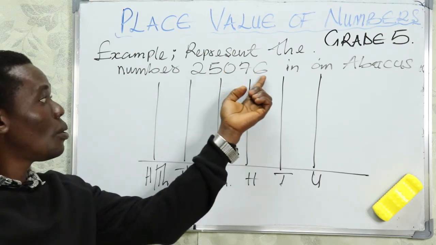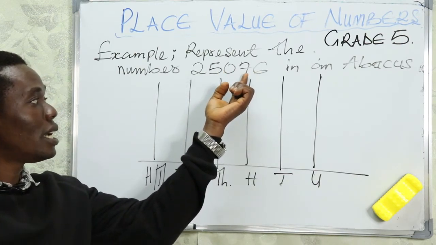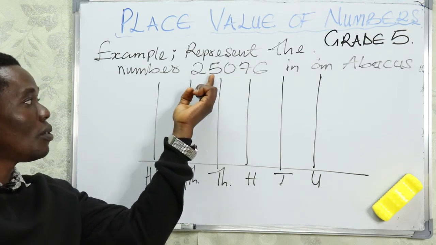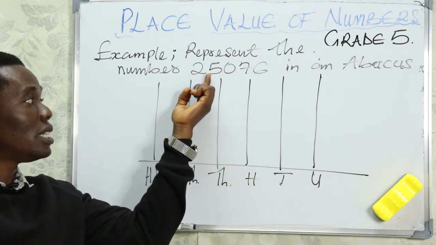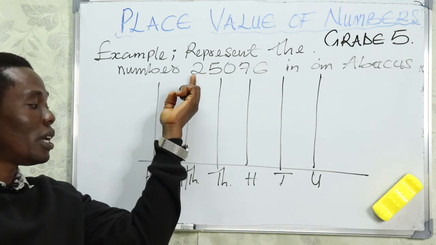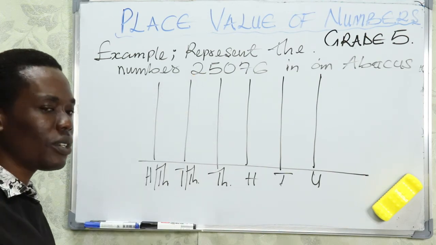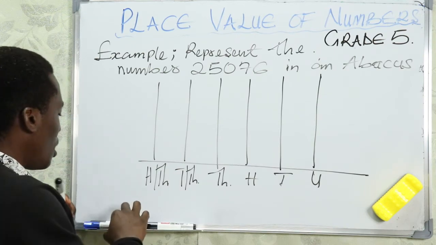Now we have numbers in the units, in the tens, in the hundreds, in the thousands, and in the tens of thousands. Now we are going to place these various numbers in their various place values.